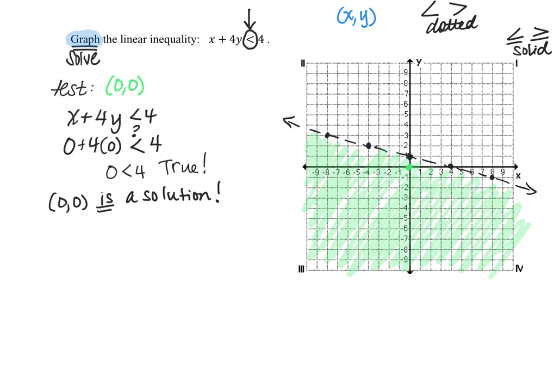So if you choose a test point and your test point gives you a true statement, it works, then you want to shade wherever that test point is. In our case, 0, 0 was below the line. That's why I'm shading below the line. If we get a false statement, which would have meant that 0, 0 is not a solution, then you would just shade on the other side of the line.